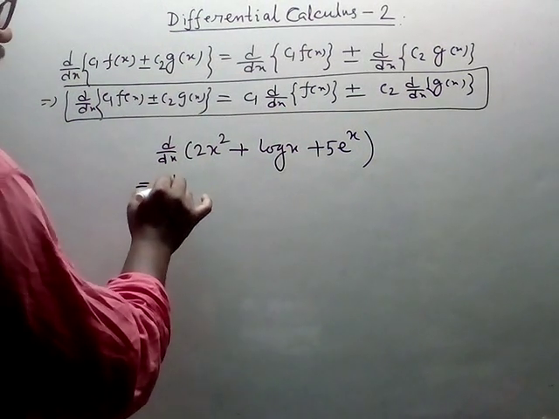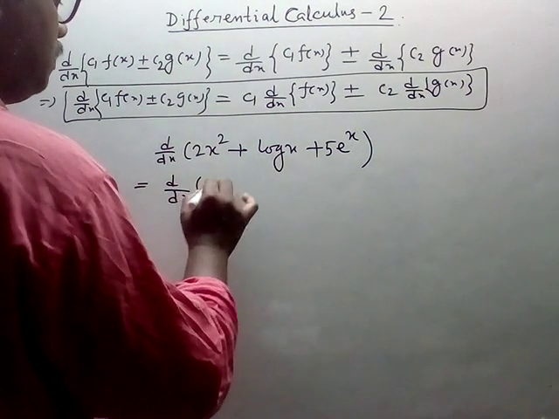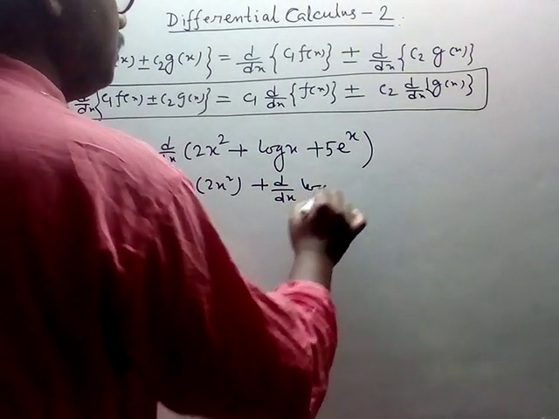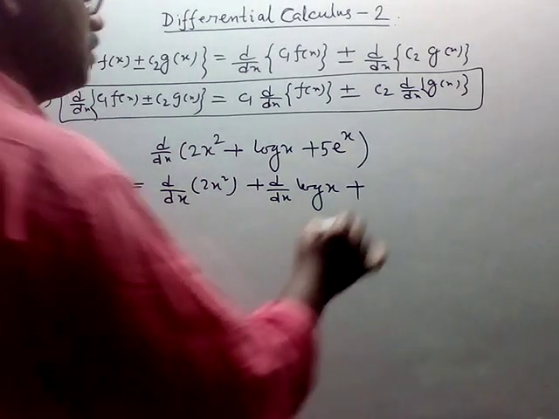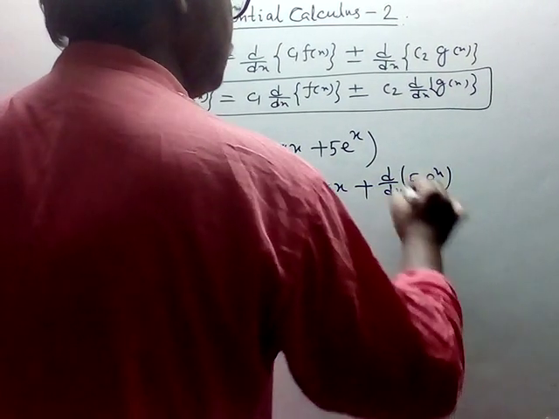Then we can write this as d/dx of 2x square plus d/dx of log x plus d/dx of 5e power x.